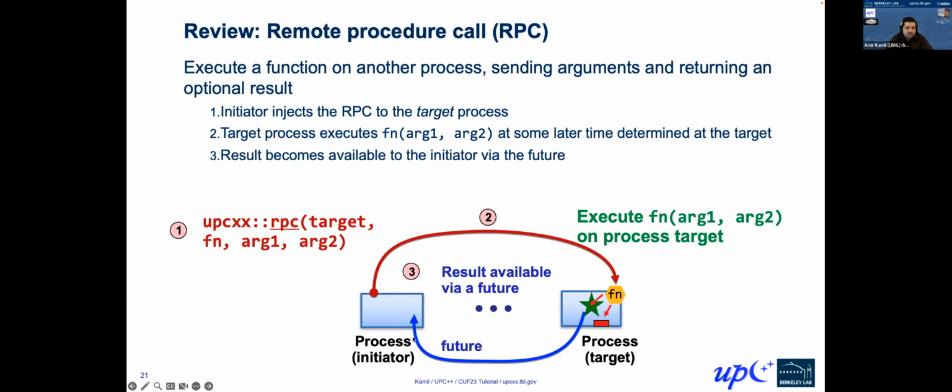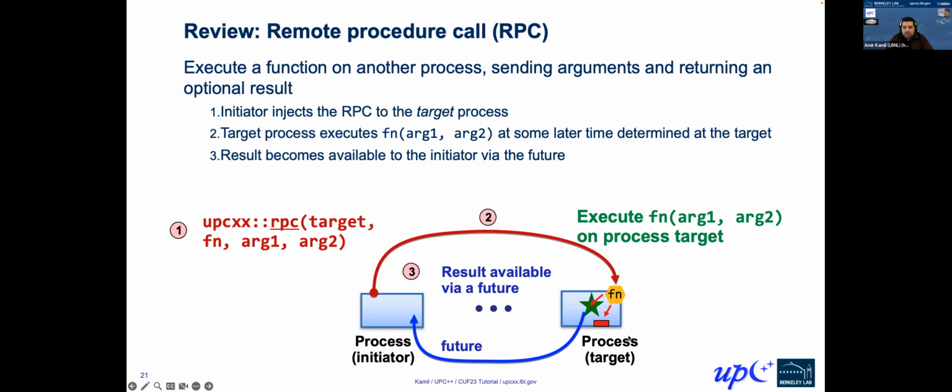So the initiation itself returns a future object. And the value that future object represents depends on the return type of the function. So if the function were returning an int, for instance, we'd get back a future of int. If the RPC has a void return type, then it would just be an empty future.